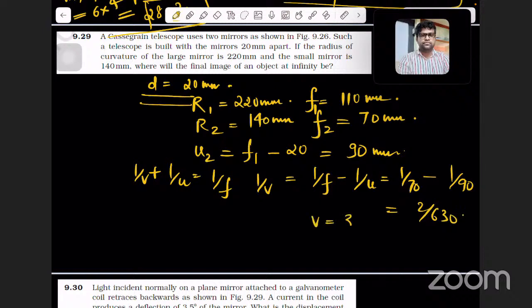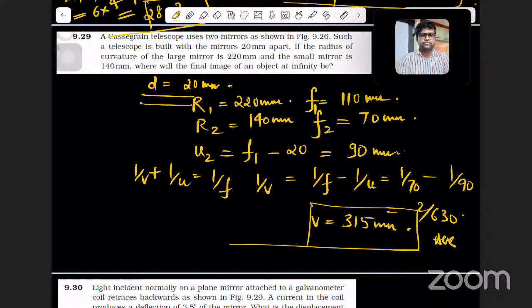So V will be 315 millimeters. Hence, this is the final distance between the final image and the second mirror. That's the answer to this question.